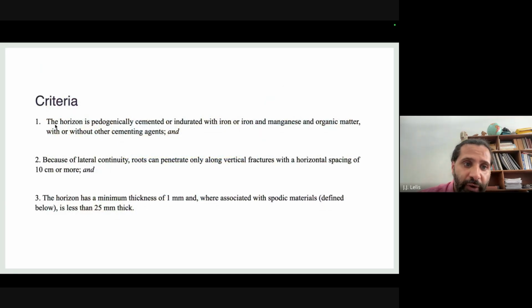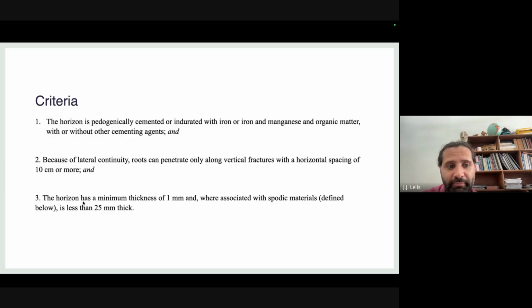Okay, so the horizon should be cemented or indurated with iron and manganese and organic matter, with or without other cementing agents. So it's basically cemented by iron, manganese, and organic matter. And of course, the penetration of roots will be hard as the ortstein case.